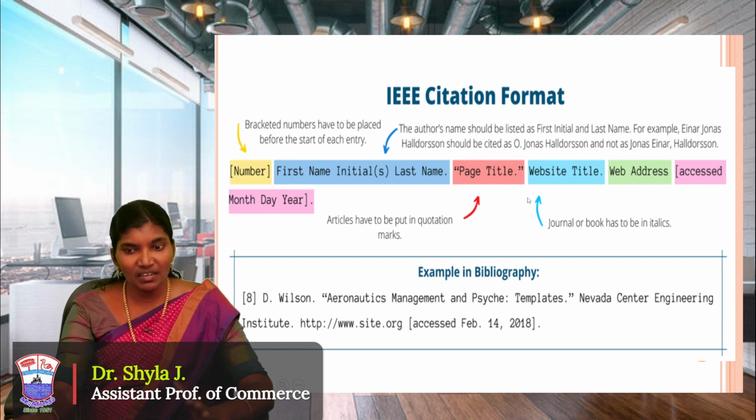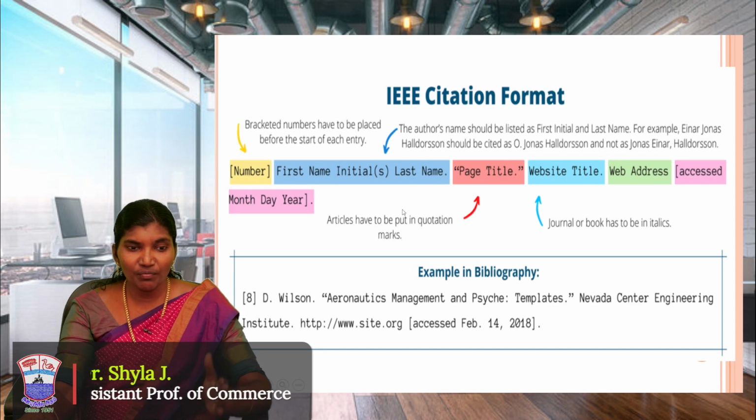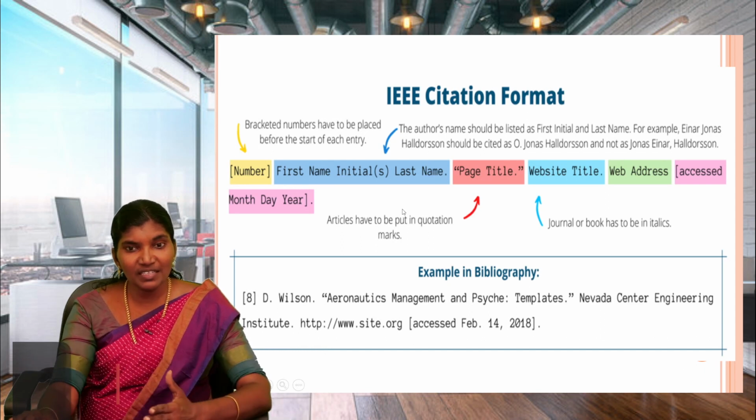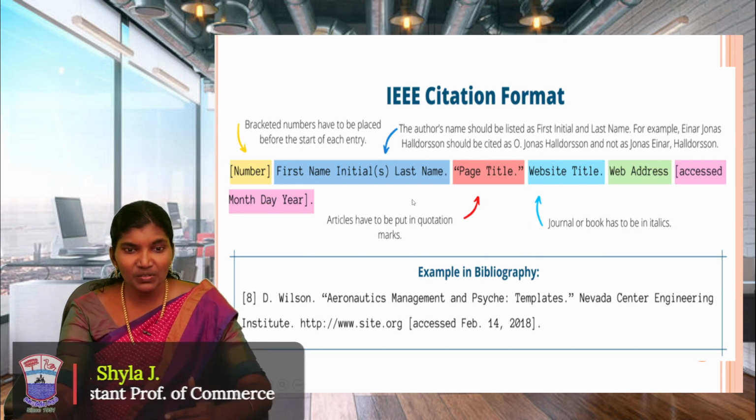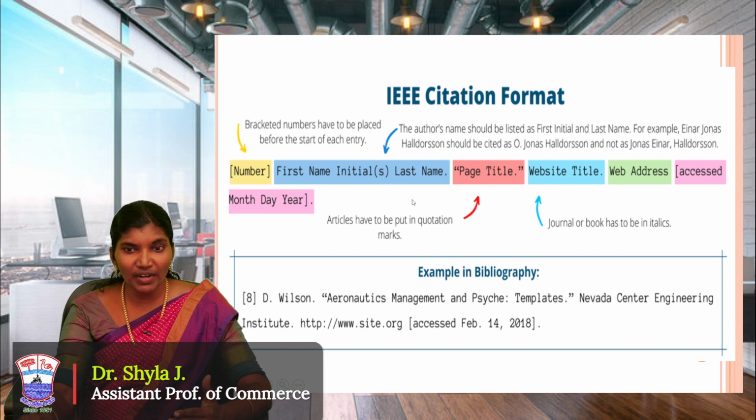So this is the college name and the institute URL code, and the page number with the year of publication. The only difference is that it starts with bracketed numbers. One reference you are quoting is 8, another second reference you can write with the number 9, and it goes on like this. This is the part of the reference you are adding for the IEEE citation style.